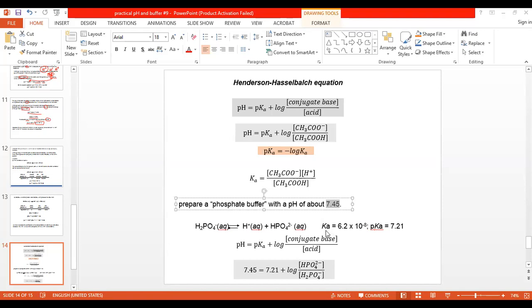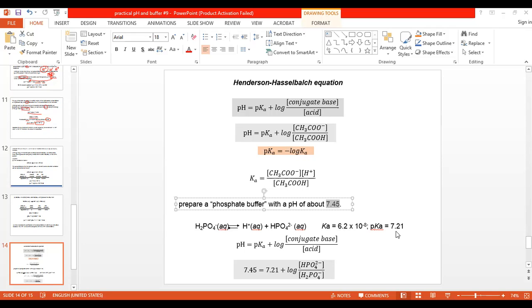Also, we know Ka. So Ka is 6.2 times 10 to the power minus 8, which means that we can calculate pKa just by taking the negative log of this number. If you calculate that, it's going to be 7.21.